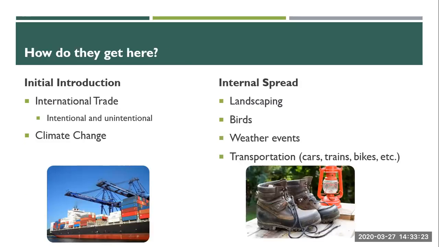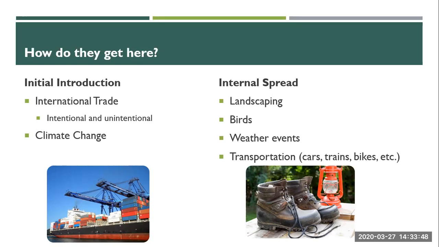So how do they get here? There's a couple of different ways that invasive species get introduced into a novel ecosystem. The most well-known is international trade. There's intentional and unintentional introductions. Intentional would be like the aquarium trade or exotic pet trade or ornamental plant trade.